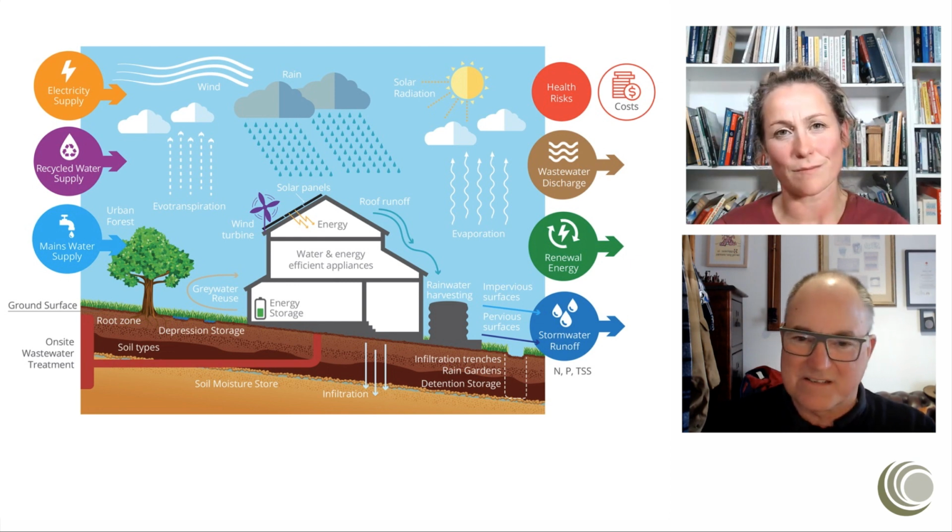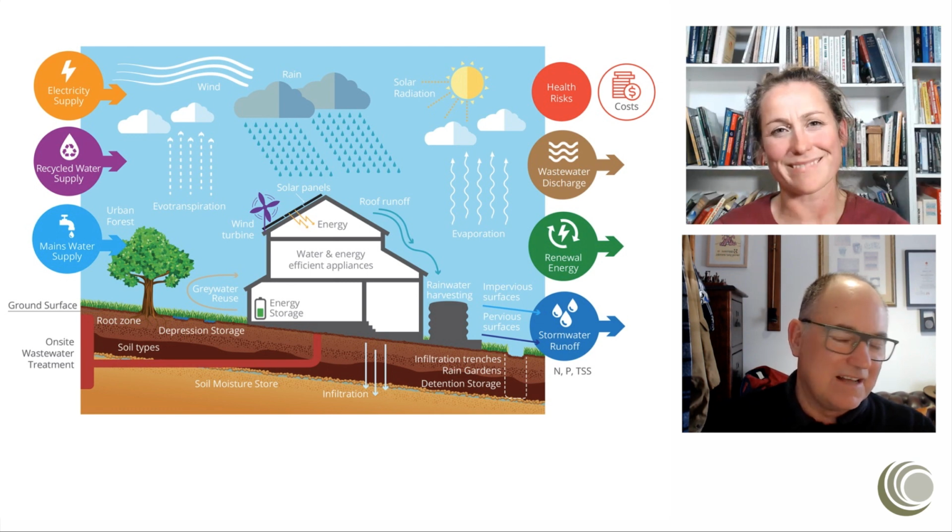So what our research has found is that a combination of local solutions plus the more traditional framework of utility infrastructure is better than either local or traditional centralized infrastructure on their own.